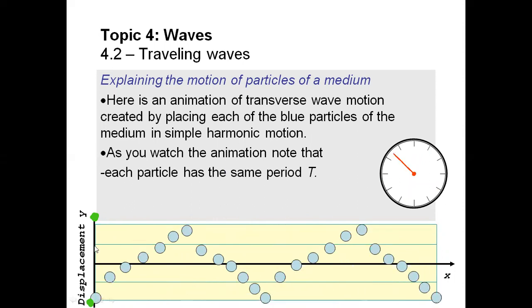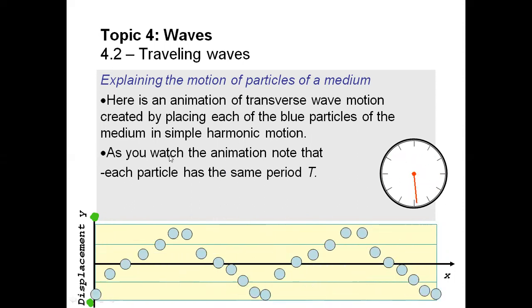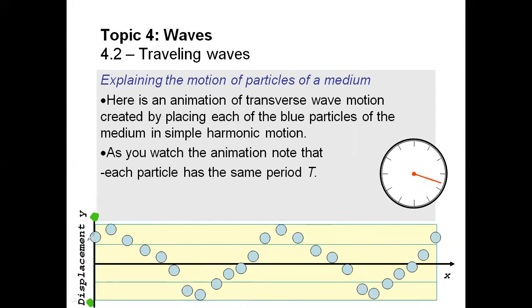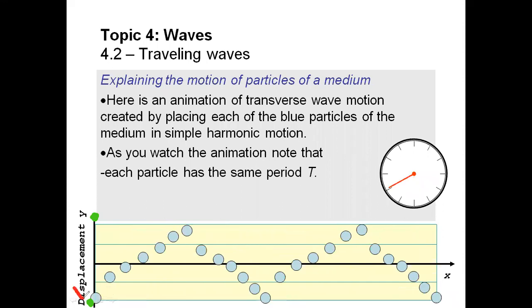If we look at this particle on the left, for the period, the blue circle goes to the top and comes back. So we call that one period. The time needed to do one complete oscillation is called the period. So let's say the blue dot goes to the next blue dot in 2 seconds.